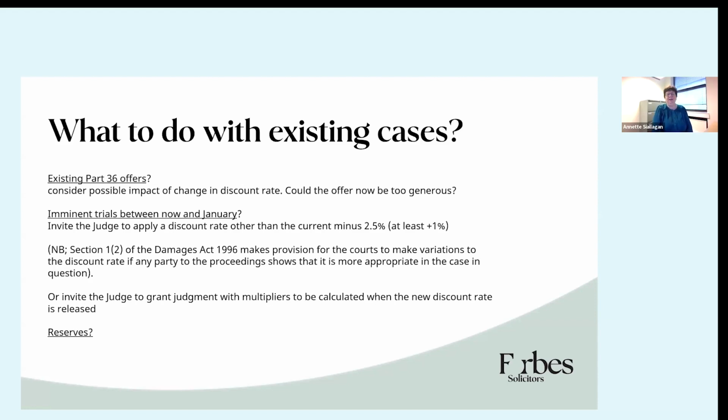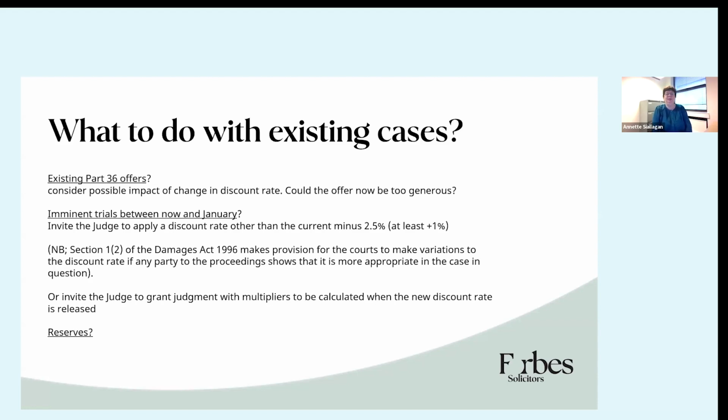Could it be too much if a positive discount rate is introduced? I think that's something that you should be looking at. And when making a Part 36 offer at the moment, you should at least consider calculating on the basis that it's going to be a positive discount rate rather than using the old minus 0.25%.